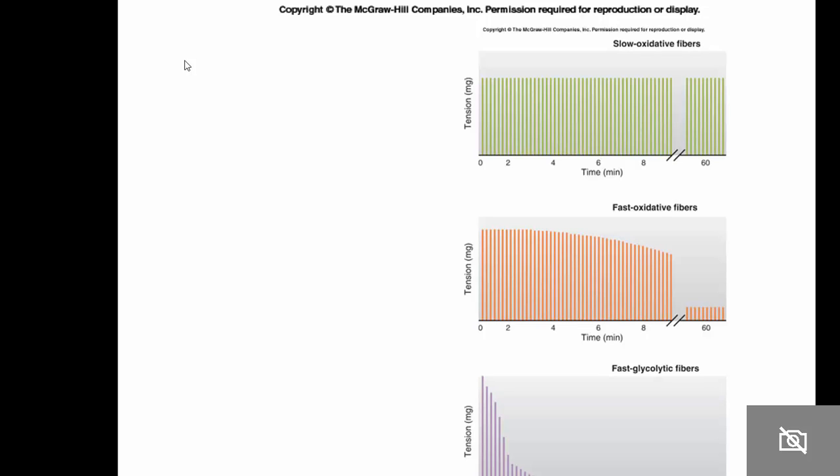And if you look at those, in order to produce that amount of force, they can do it, but what starts to happen pretty quickly here? The force tails off. All right, so 60 minutes in, this muscle cell type looks the same. It produces the same amount of force. 60 minutes in, this is about what, a quarter?